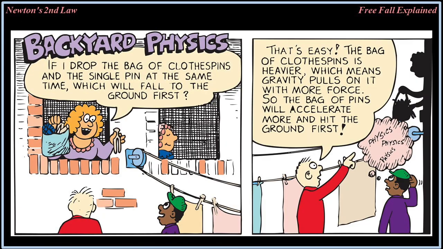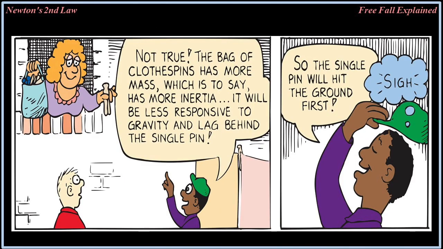Backyard Physics. If I drop the bag of clothespins and a single pin at the same time, which will fall to the ground first? That's easy. The bag of clothespins is heavier, which means gravity pulls on it with more force. So the bag of pins will accelerate more and hit the ground first. All right, that's what they think. So let's see what happens. Not true. The bag of clothespins has more mass, which is to say has more inertia.